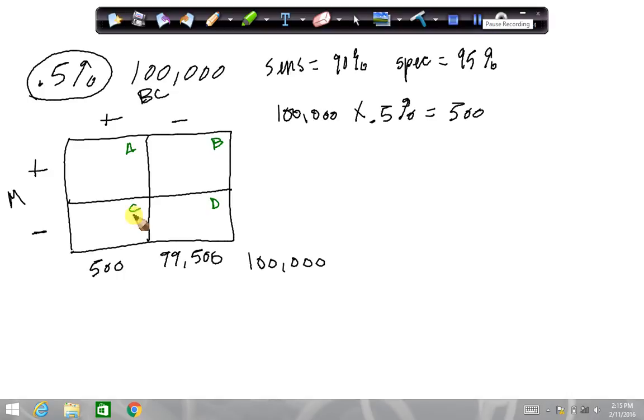Next, we can start filling in the rest of this table. So sensitivity is equal to A divided by A plus C, and we know that our sensitivity equals 0.90. And we also know that A plus C is equal to 500.